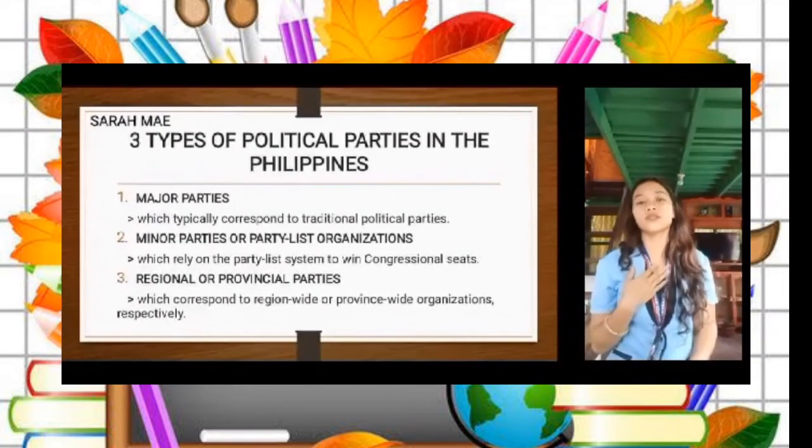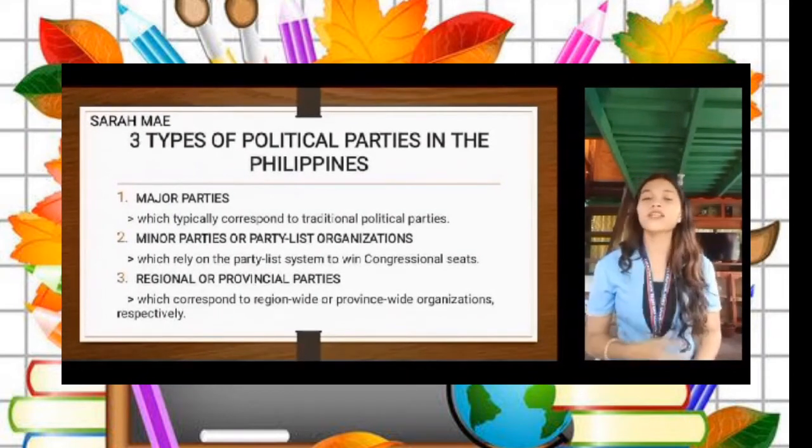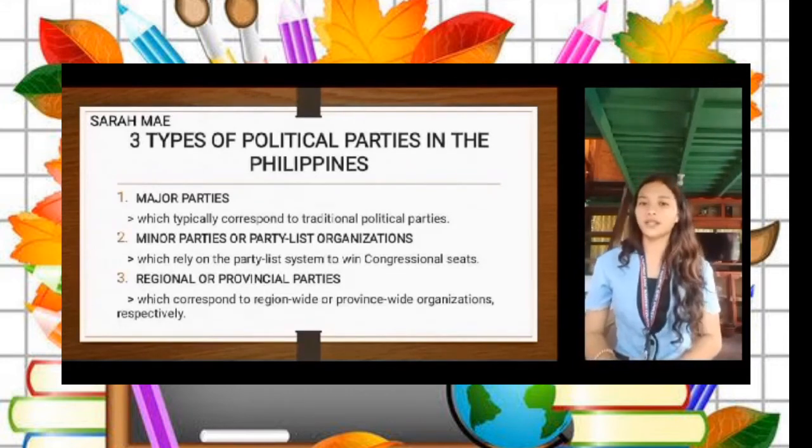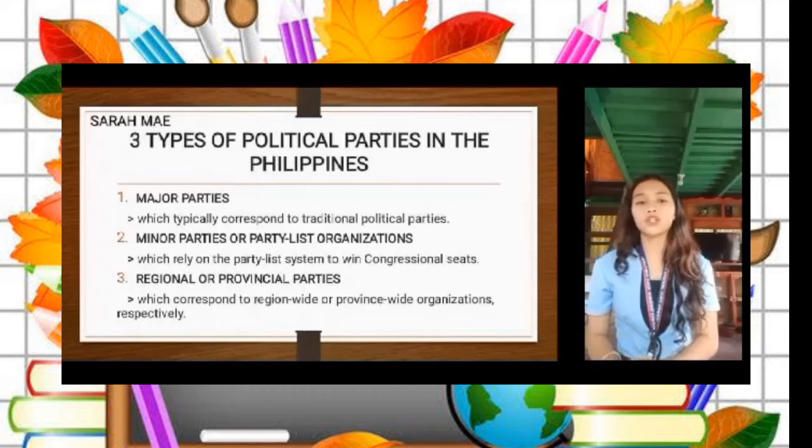My name is Sarah May Sanchales and I will be the one to report about the three types of political parties in the Philippines. There are many diverse political parties in the Philippines. Most parties' membership consists primarily of political figures and leaders, with little or no grassroots membership.